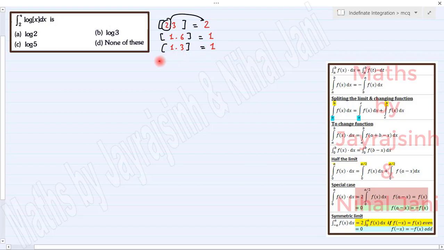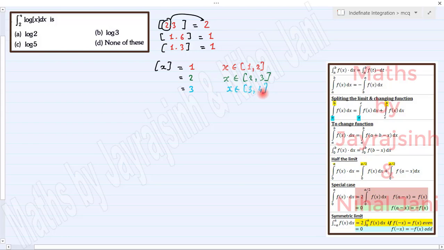So you can understand that box x will be 1 for x belongs to 1 to 2. Similarly, box x will be 2 for x belongs to 2 to 3, and it will be 3 for x belongs to 3 to 4.